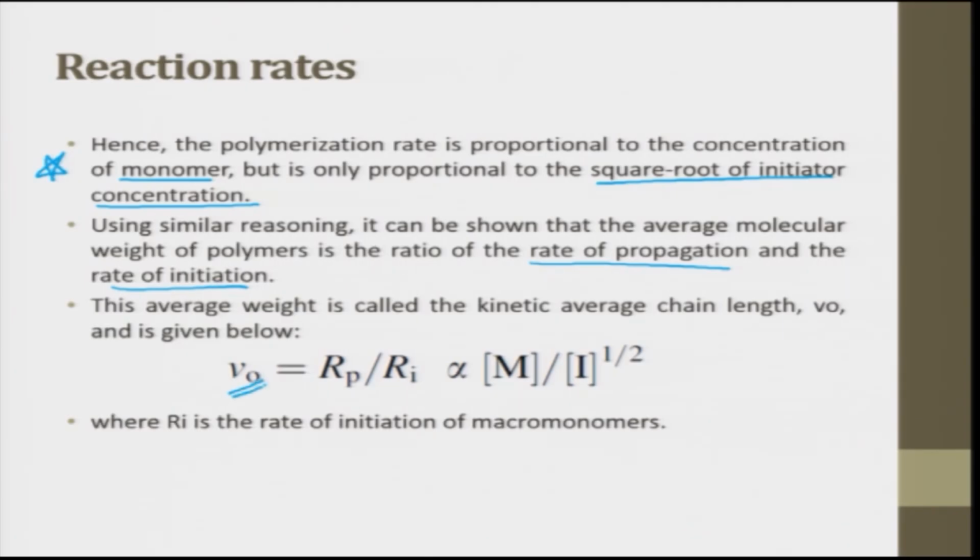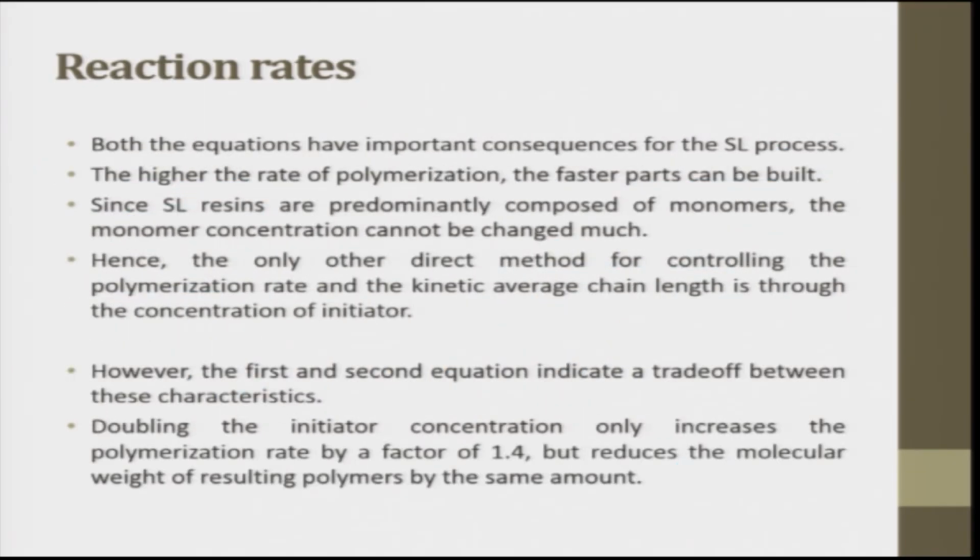So, the average weight, which is otherwise called the kinetic average chain length, can be written in terms of Rp by Ri. Okay. Ri is the rate of initiation of the macro monomers. Both the equations have important consequences as far as the SL process is concerned.